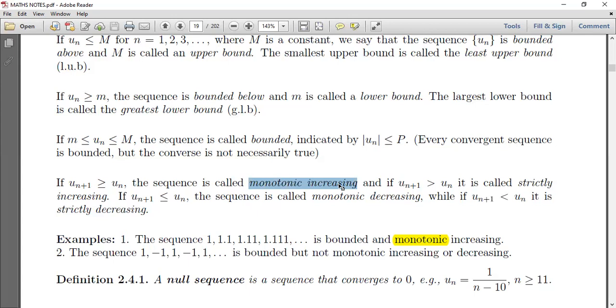Monotonic increasing allows for equality, because we are saying un plus 1 is bigger than or equal to un.